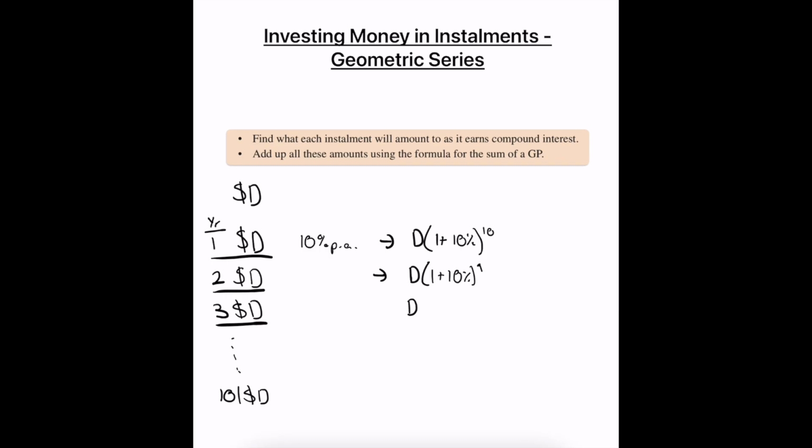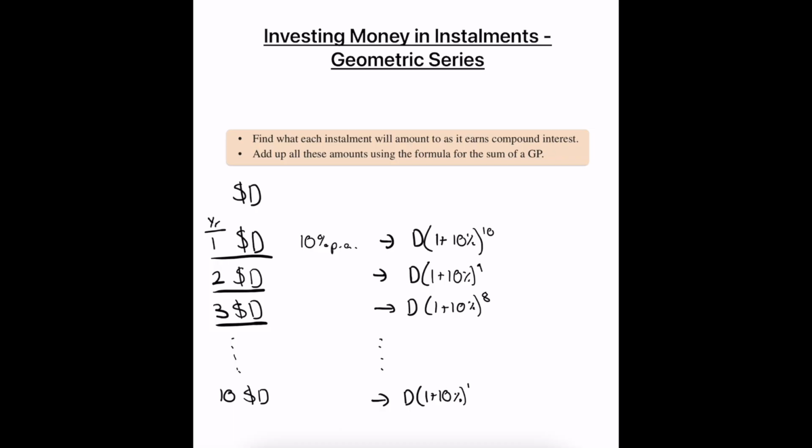And for our third year, what we'll be able to see is it's the exact same formula, except the power is to the 8. And then on our last deposit, sorry, I just noticed this error here. I'll rub this out. On our last deposit, it will only be accumulating interest for 1 year.